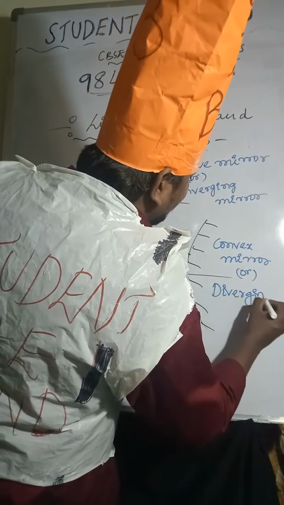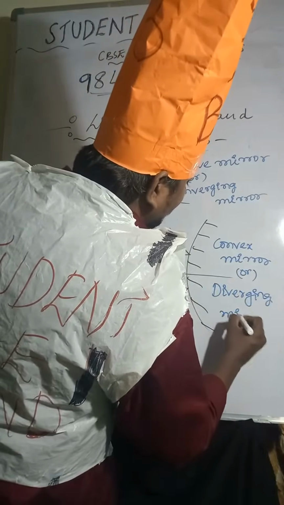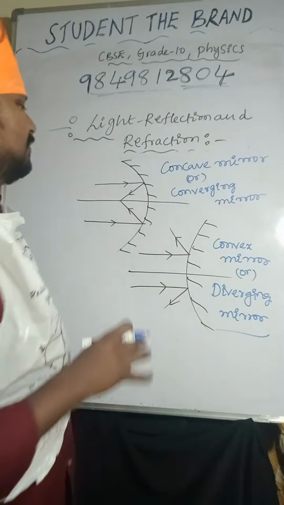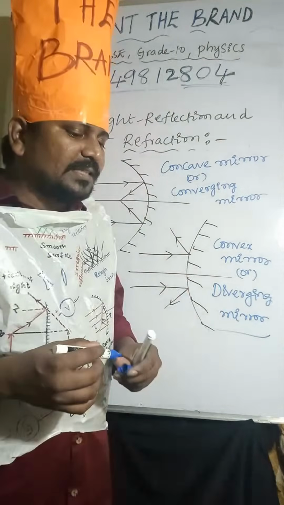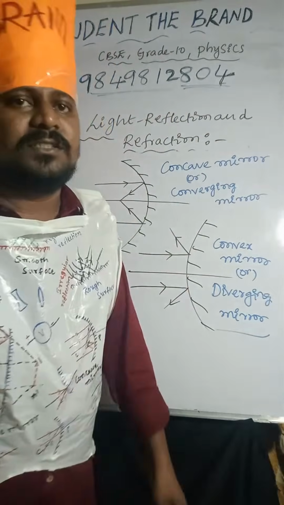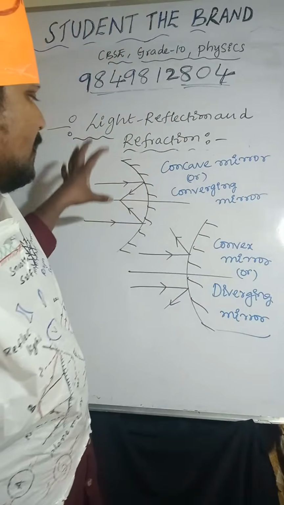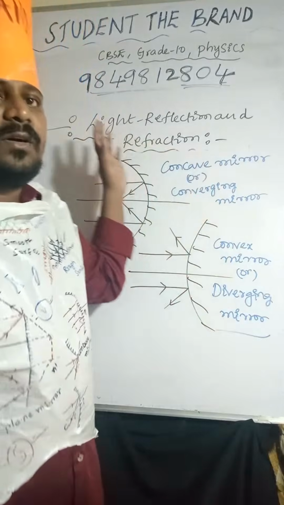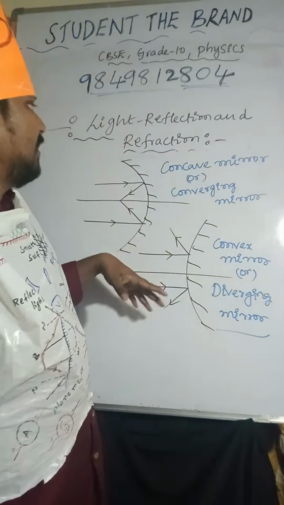Understood or not? Concave mirror is also known as converging mirror, whereas convex mirror is also known as diverging mirror. Concave mirror, converging mirror; convex mirror, diverging mirror. I hope it is very clear to you all. So this is about concave and convex mirror.